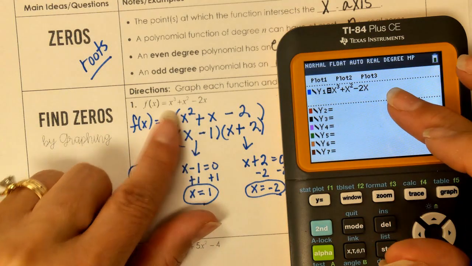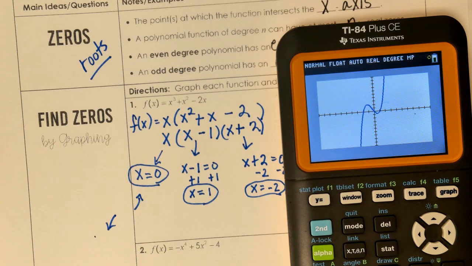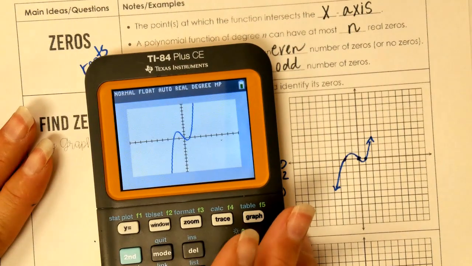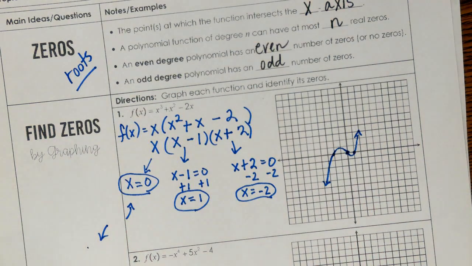It's easy to make that mistake, and I saw it too late. Okay, once I have it in, I'm going to hit graph, and now you can see the graph, and it does look similar to what I did. Theirs is a little prettier, obviously, and more precise, but it does cross through the -2, the 0, and the +1, just like I thought that it would. As we talk more, you'll see this even more in our other problems.